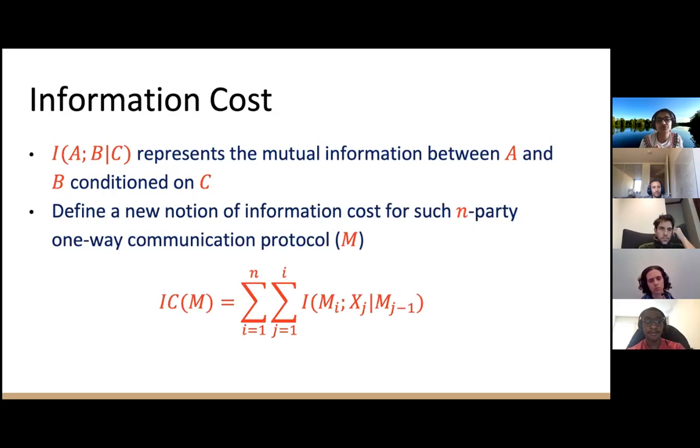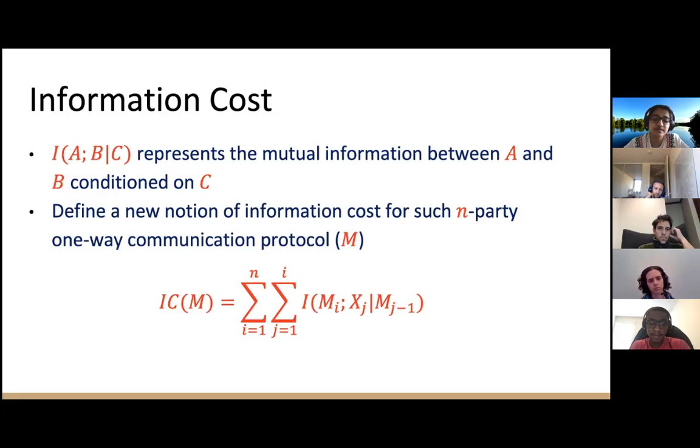The new notion of information cost is defined as follows. Here, IC of M, where you can think of M as the streaming algorithm or the corresponding communication protocol associated with it. And I will use both of these descriptions of M interchangeably in the rest of the slides.